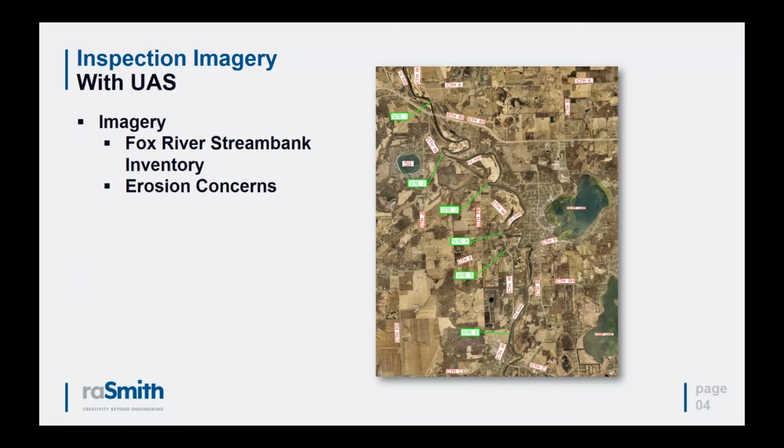They had some erosion concerns with the Fox River as it runs through parts of the county, and these various site tags you see here are areas where the river itself was causing some severe erosion, and the county was interested in applying for some federal grant money to help them mitigate those issues.